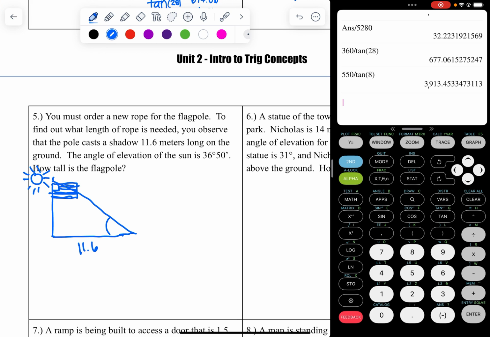So let's first turn that into straight degrees. So we'll do 36 plus 50 divided by 60 to go from the minutes to just pure degrees.